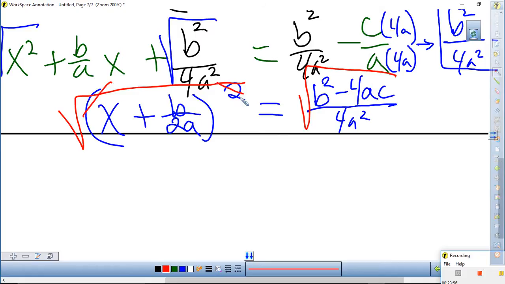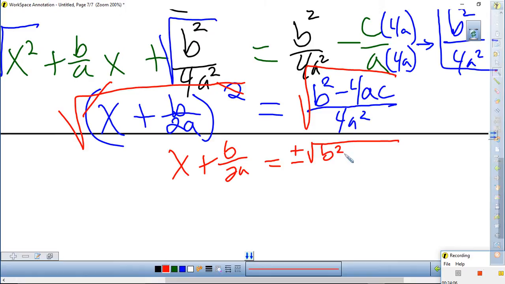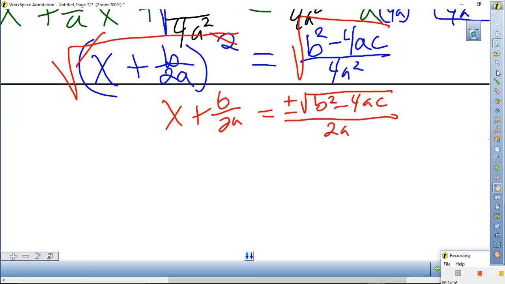This cancels this. We're left with x plus b over 2a equals, can we take the square root of the numerator here? No, so it remains plus minus square root b squared minus 4ac, but the denominator becomes what? 2a. Continue, Mikey. What do I do from there?